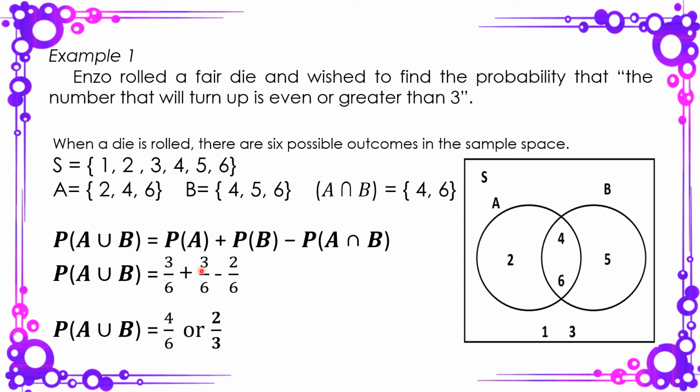Then 6 over 6 minus 2 over 6: 6 minus 2 is equal to 4. Copy the denominator because they are similar fractions, they have the same denominator. 4 over 6. Simplify, this is 2/3. So the answer is 2/3.